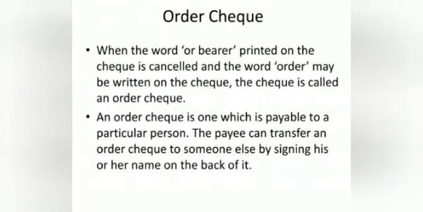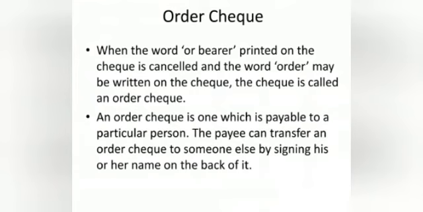Order check. When the word bearer printed on the check is cancelled and the word order is written on the check, it is called an order check. An order check is one which is payable to a particular person.